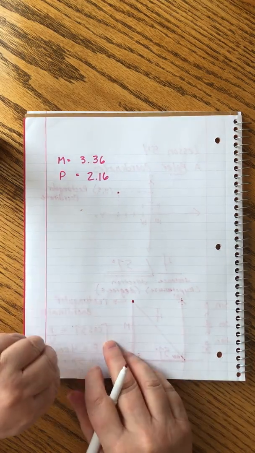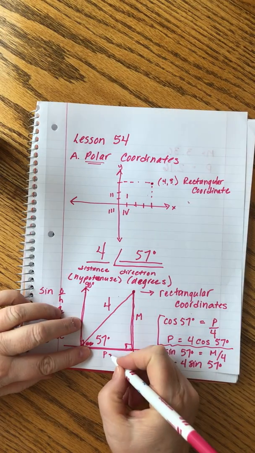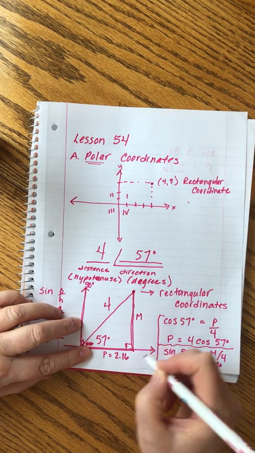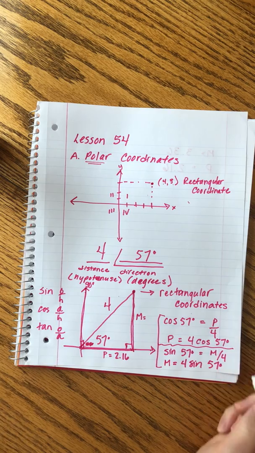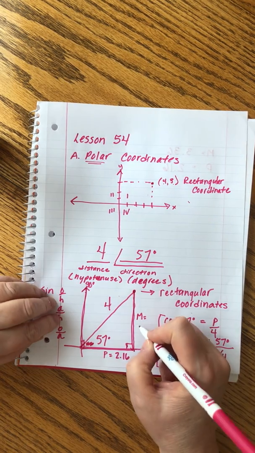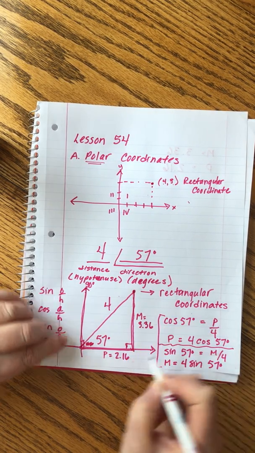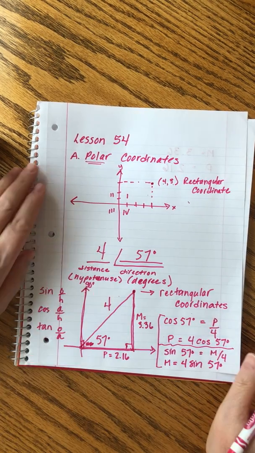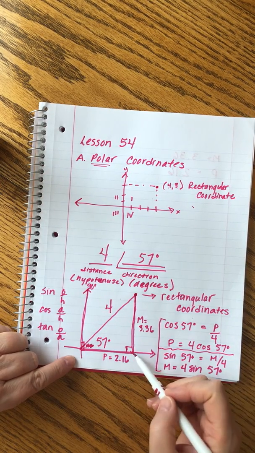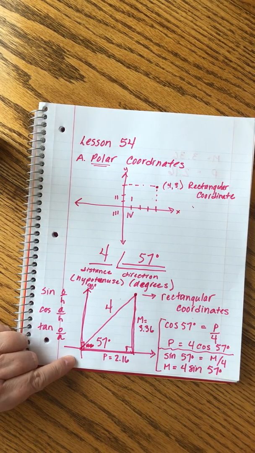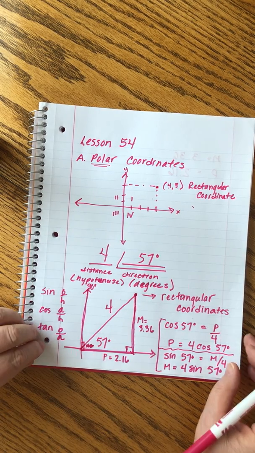So what that tells us, let me go back here. So P, I said, was equal to 2.16, and M was equal to 3.36. Those are the lengths of those sides. Those are also the numbers we need to write this in our rectangular coordinate system.